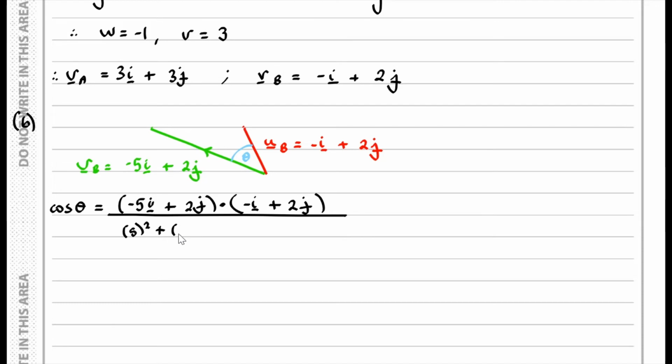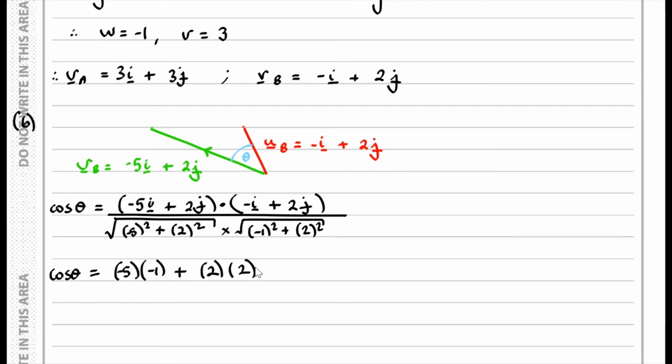So we have 5 squared plus 2 squared square rooted, and then we've got the magnitude of this vector over here, minus 1 squared plus 2 squared. So what you'd find over here then, cos theta, we have minus 5 times minus 1 plus 2 times 2.